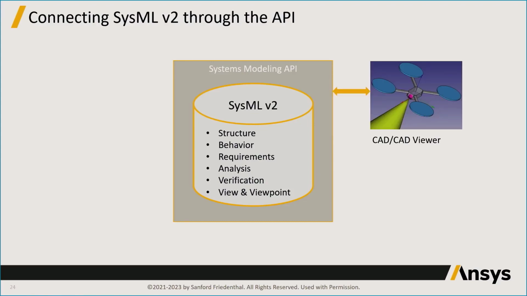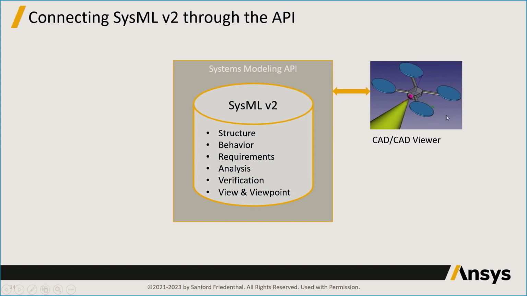So here's an example of a CAD viewer application. It's actually FreeCAD, open source CAD viewer, and it's showing a graphical rendering of geometry of a simple drone with a sensor and its field of view indicated here. And this information on the geometry actually came from the SysML v2 model and extracted from the model and rendered in the CAD viewer.